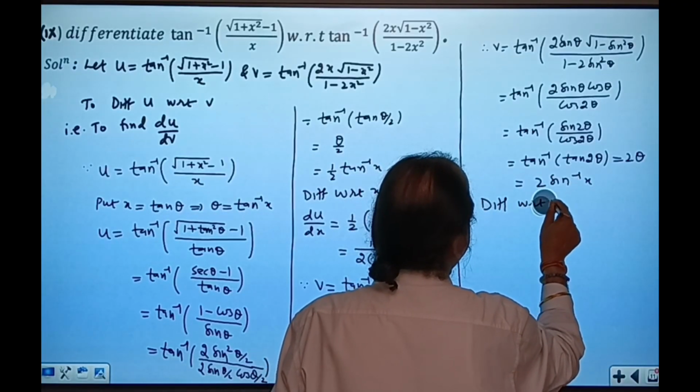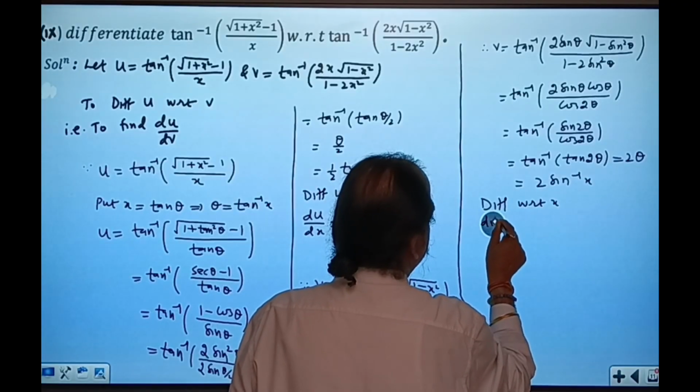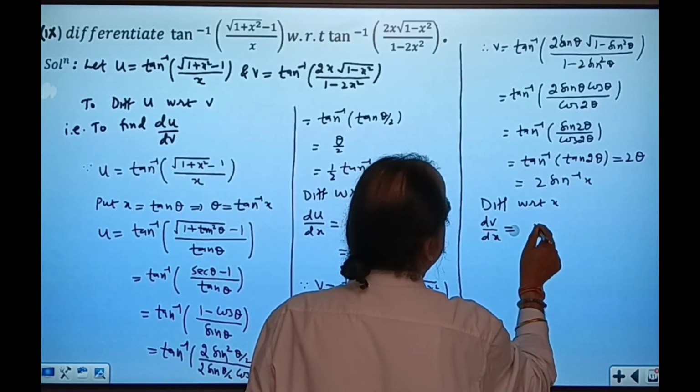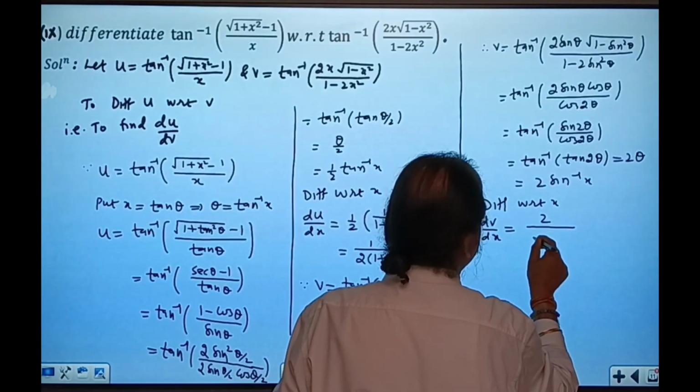Differentiating with respect to x, dv by dx is what? 2 upon root 1 minus x square.